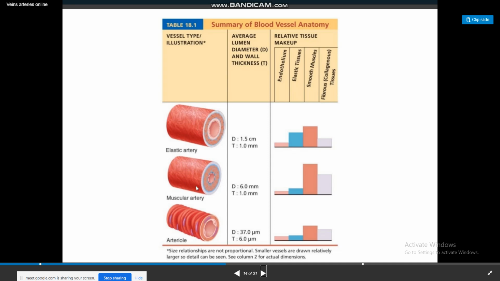The muscular artery has a diameter of 6 mm and a thickness of 1 mm. The smallest artery, the arteriole, has a diameter of 37 micrometers. So for the others you get centimeters and millimeters, but for the arteriole the unit is micrometers. Is that clear?